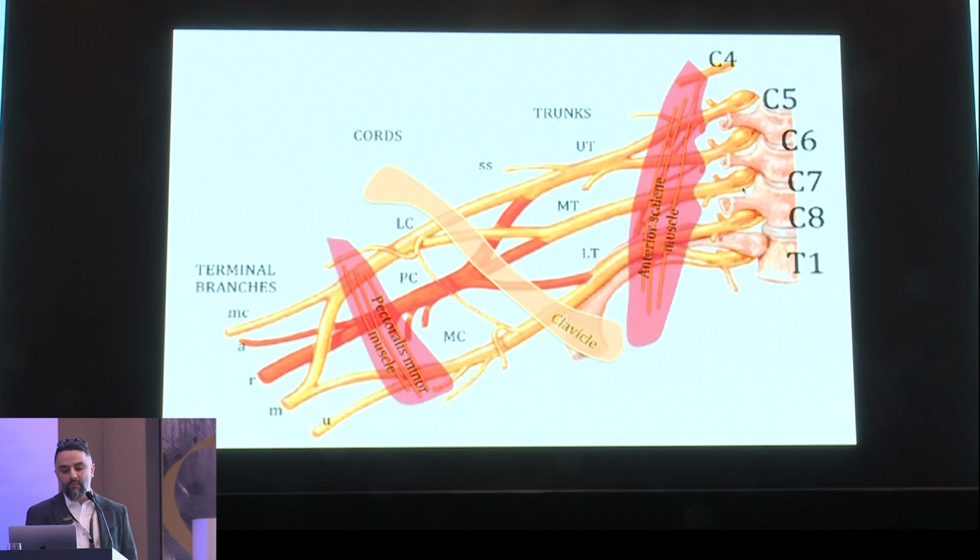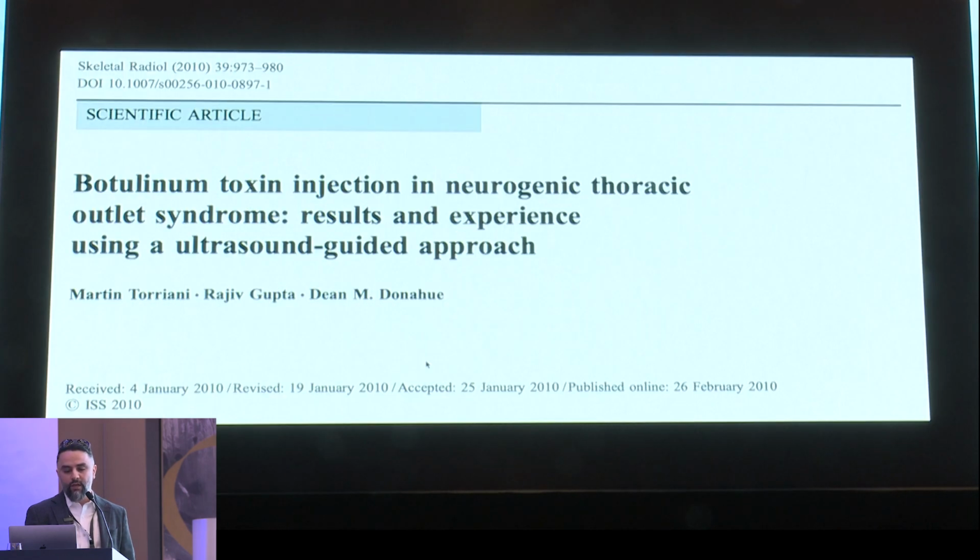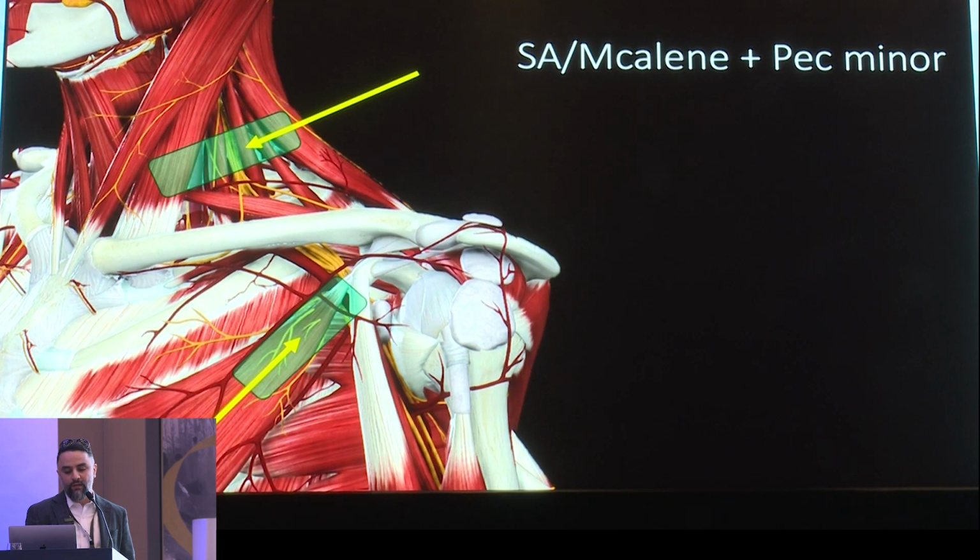It has been described in the literature to do Botox injection within the interscalene or the pectoralis minor. This is one of the studies, one of them with 5 years of follow-up, and it had a good result with zero side effects if you do it properly.